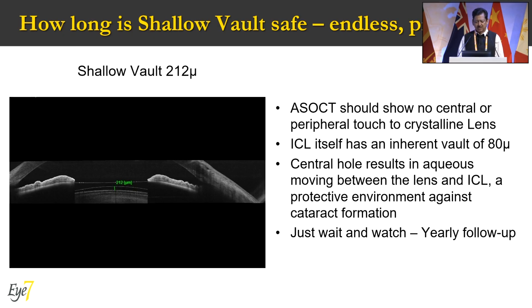So this is a shallow vault. Vault is 212. We did an ASOCT. There was no central or peripheral touch. The ICL itself has a vault of about 80 microns.